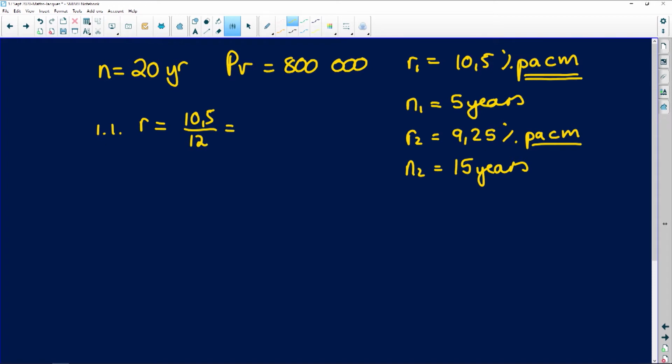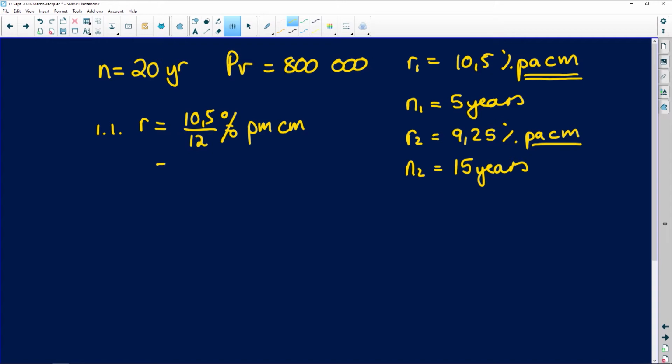Okay, and that makes it an interest rate, that's that percentage, per month, compounded monthly. Now, they weren't clear here, Anele, whether they want the effective annual rate. So in other words, they want us to change this to per annum, compounded annually, or are we talking about the effective rate per period, the actual one that we're going to use in the problem? Let's see what this gets us to.